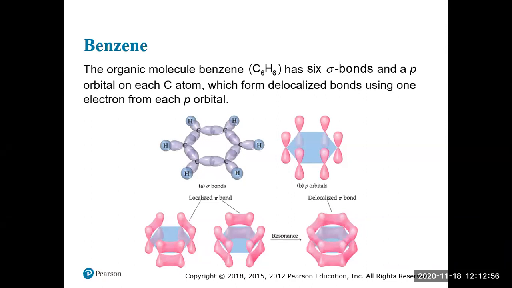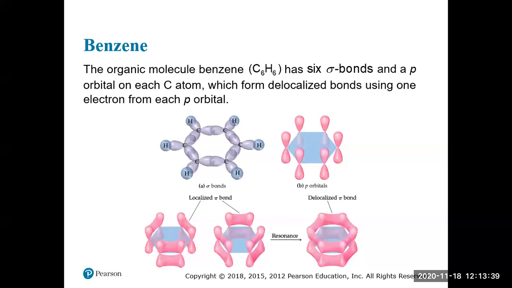Now the third, if we go down here to the next row, we see 2 configurations for localized pi bonds. That's the bonding that goes on above and below the axis. We see it on the left and on the right, just rotated, the 2 versions of it. But when you combine those two, and this is the resonance drawing, you're talking about a ring of electrons above and below that plane.